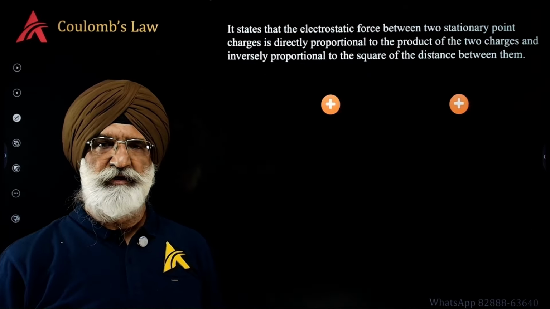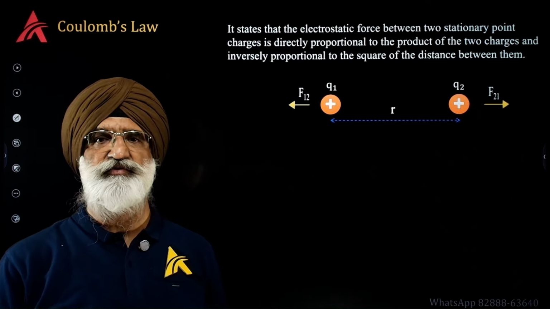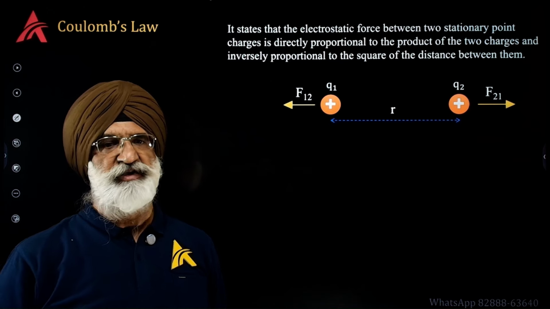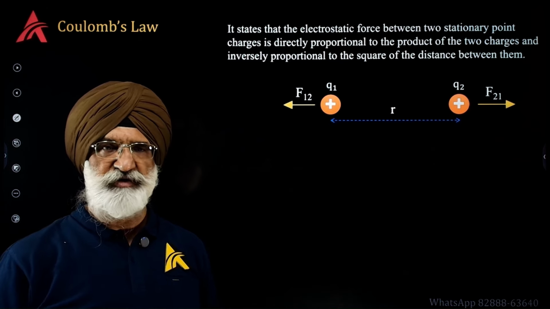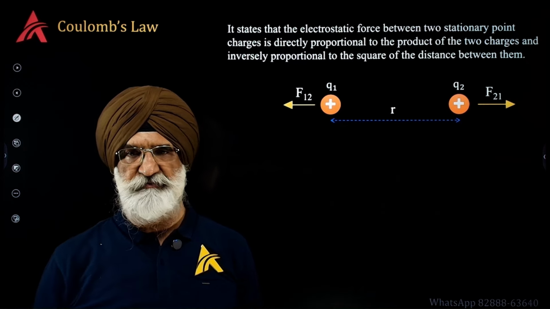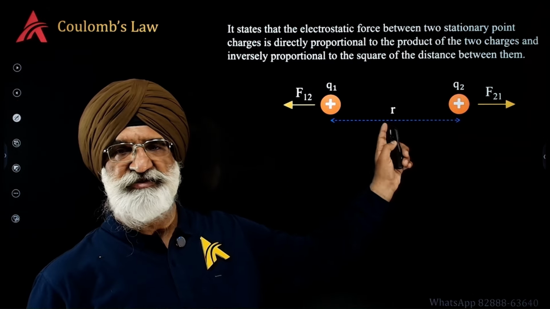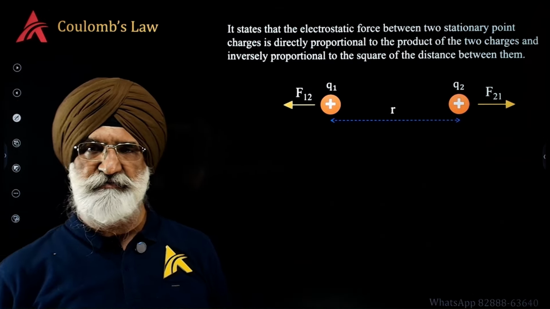Coulomb's law. Coulomb's law states that the electrostatic force between two stationary point charges is directly proportional to the product of the charges and inversely proportional to the square of the distance between them. Let Q1 and Q2 be two charges separated by a distance of r.